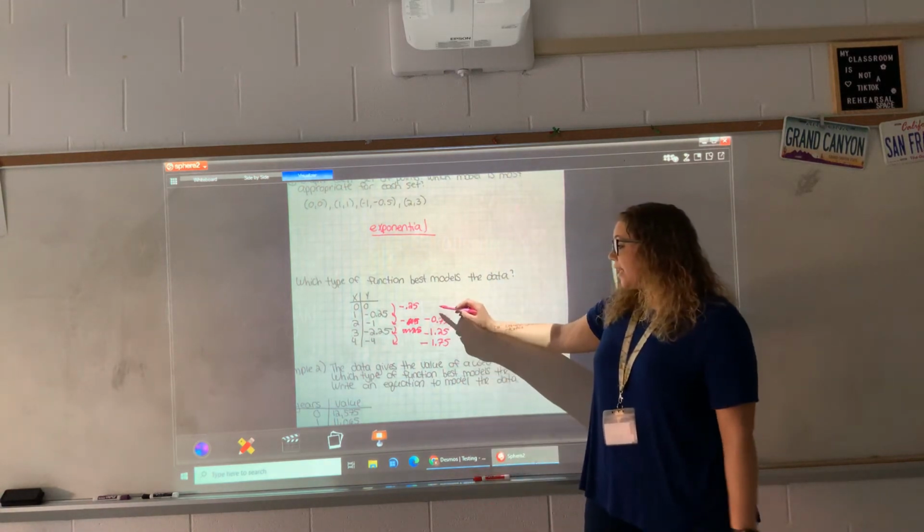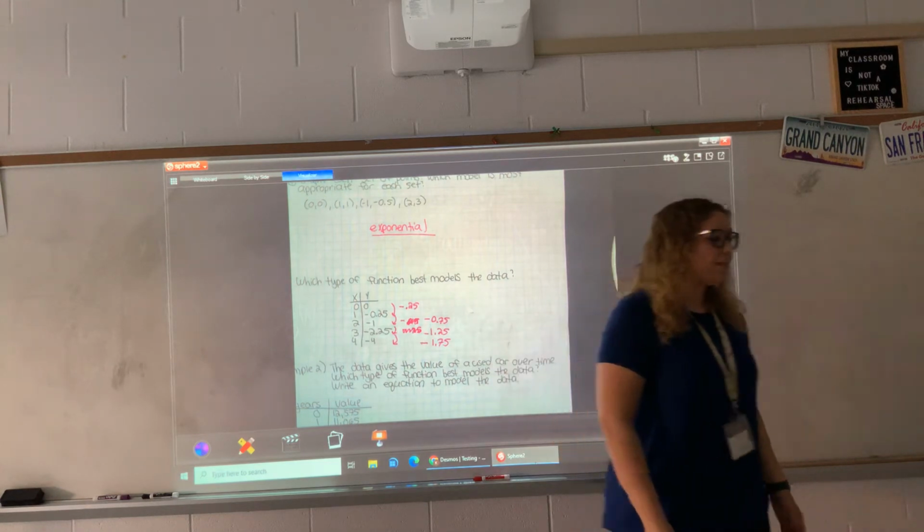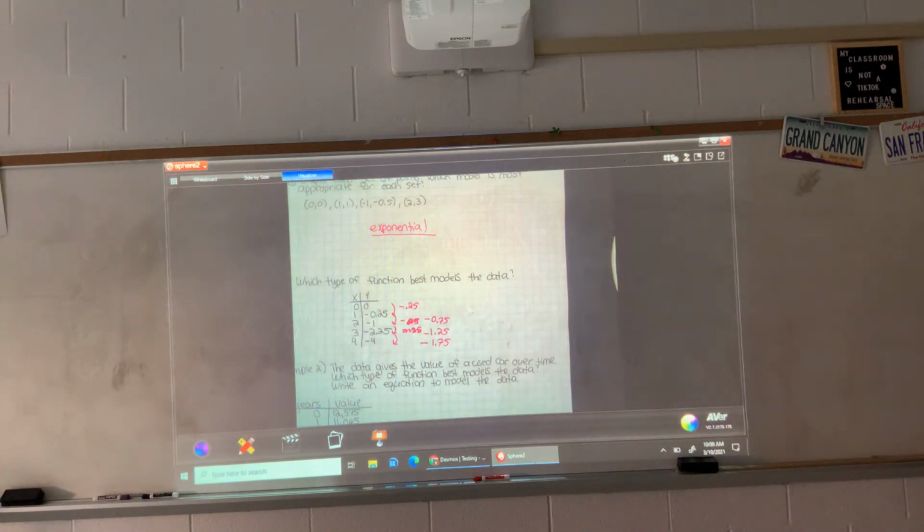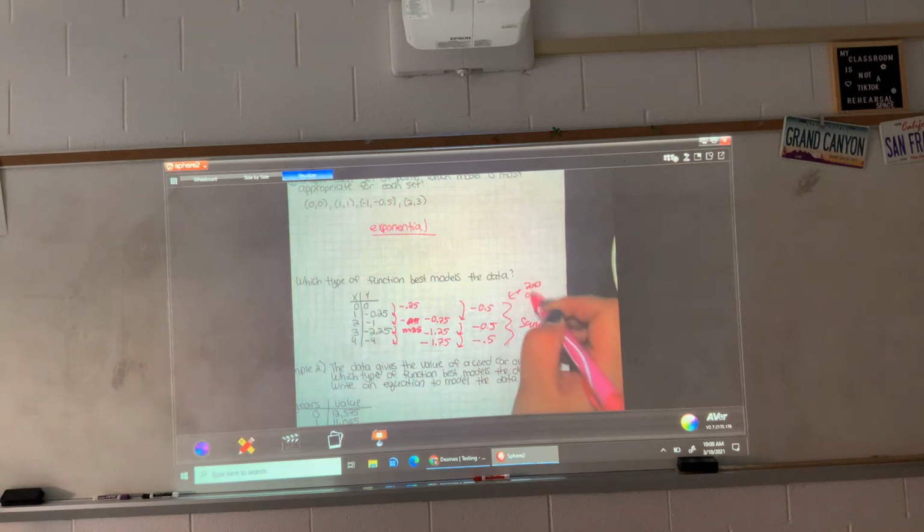So we're going to have to take the second difference and see if the second difference is constant. From here to here, I minus 0.5. Here to here, I minus 0.5. From here to here, I minus 0.5. These are the same, and this is the second difference. So therefore, it is quadratic.